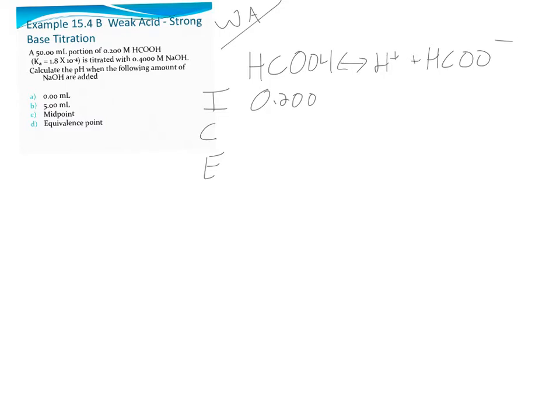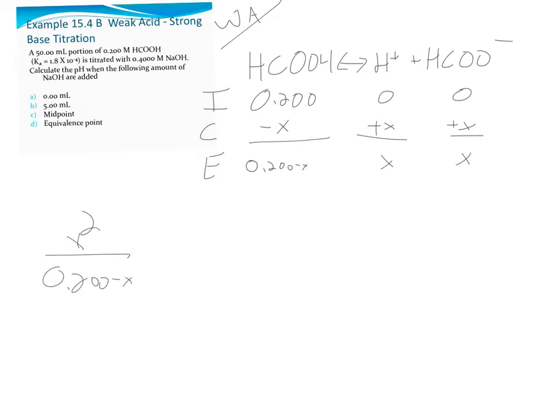And then we have no hydrogen or formate yet, minus X, 0.2 minus X, plus X, plus X. So we're just looking at our problem here, and we get x squared over 0.2 minus x equals our Ka, which is 1.8 times 10 to the negative fourth.